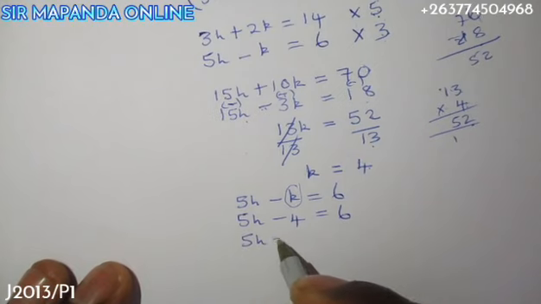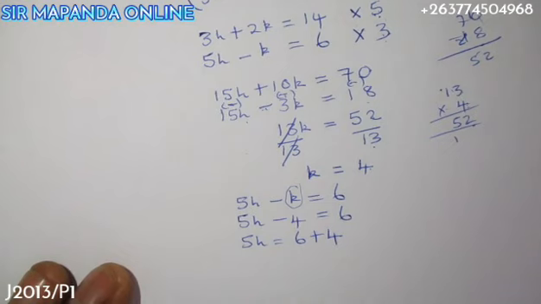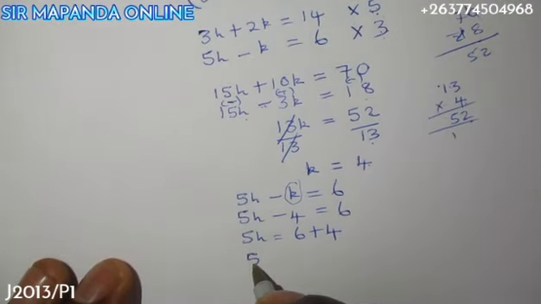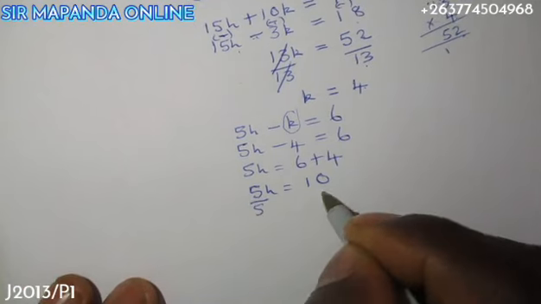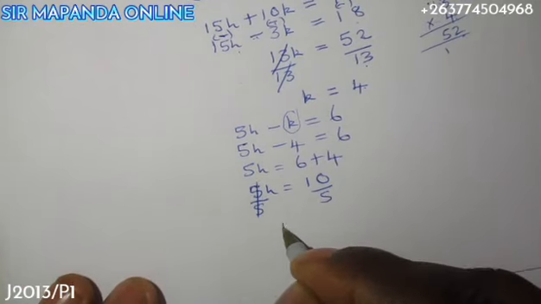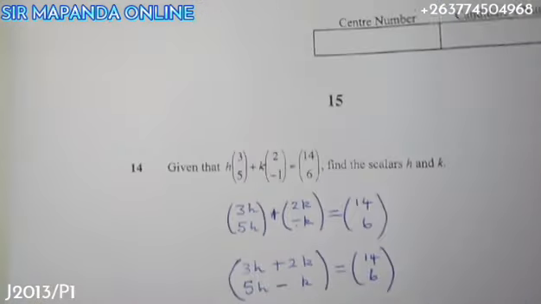You get 5h equals 6 plus 4, so 5h equals 10. Divide both sides by 5. h equals 2, and this is your final result. So let us move on to question number 15.